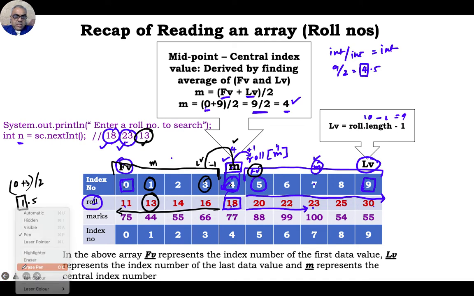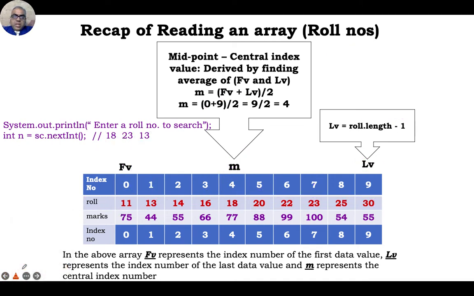So I remove this. Now, very simple, in binary search we end up finding a central cell. The general logic is that your central cell data value is, over here, 18. The data is already in ascending order, sorted.